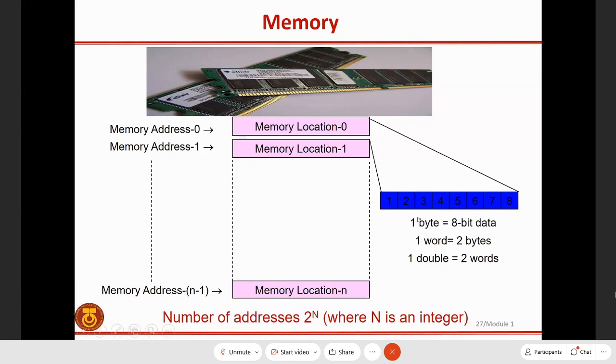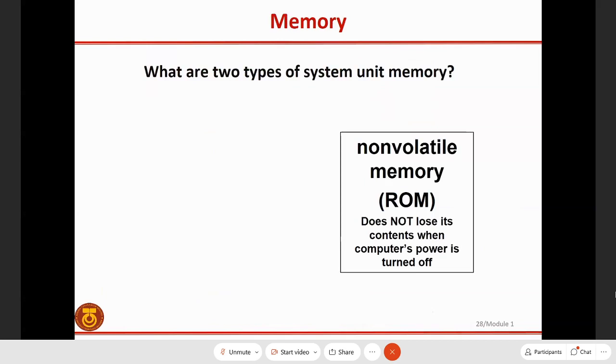And this is the most important part: 1 byte is 8-bit data. 1 word is 2 bytes, meaning 2 bytes of data represent 1 word. How many bits are there? You can count it, right? 1 double is 2 words, right? So far so good.